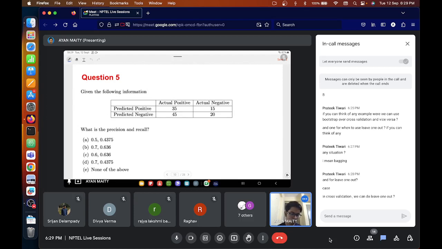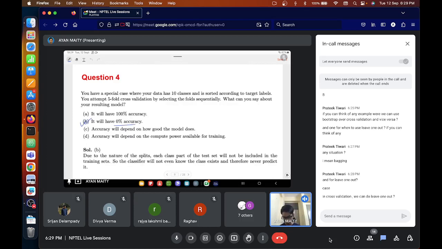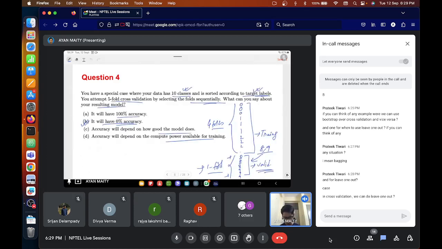In cross validation, can we do leave one out? Yes, in cross validation we can do leave one out. In k-fold cross validation, we train the classifier on the first k minus 1 folds and leave out the kth fold. Then again we take the other k minus 1 folds for training and leave out a fold, and we repeat this process k times.